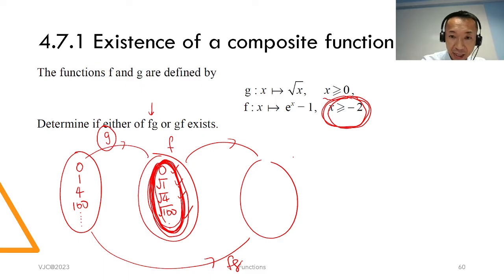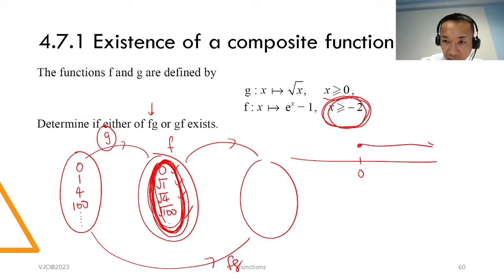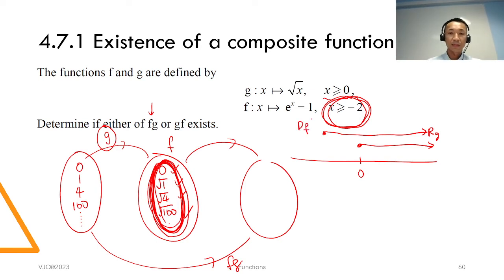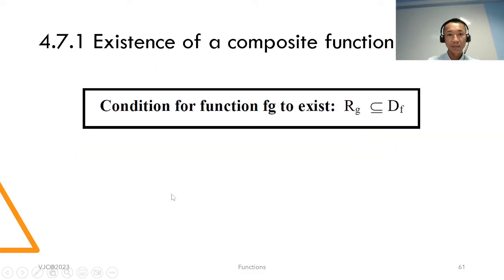In this case, the range of G is from 0 to infinity. The domain of F is -2 to infinity, and this clearly is a subset of this. All these have images. So I want to conclude, for FG to exist, the range of G must be a subset of the domain of F.